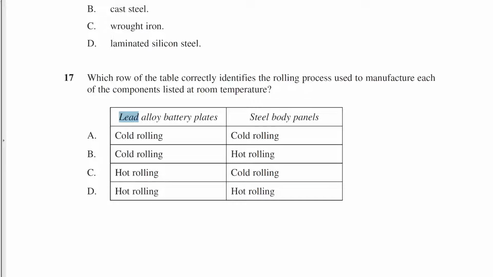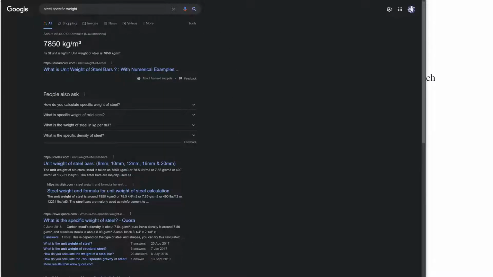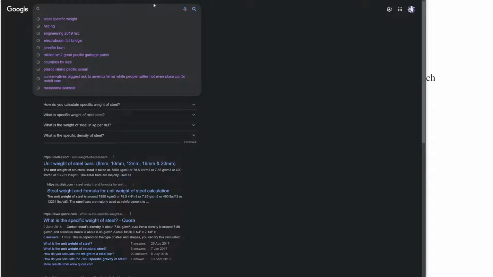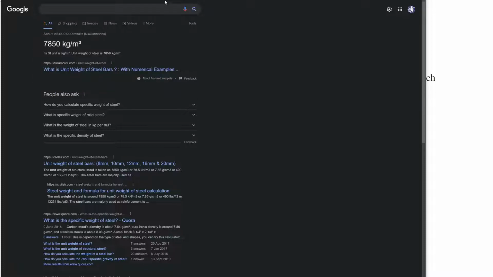What defines something as being hot or cold rolling? Now, I would think this is beyond what I would specifically consider to be HSC knowledge, but here it is, so therefore by definition it is HSC knowledge.